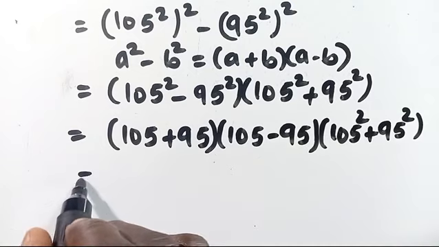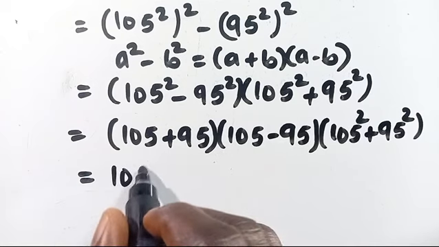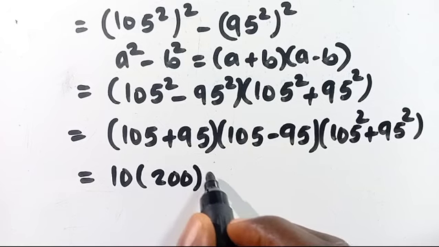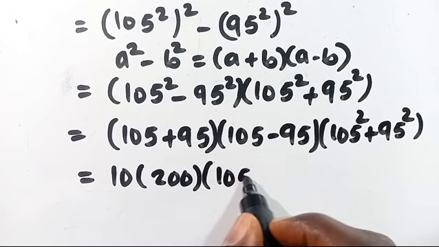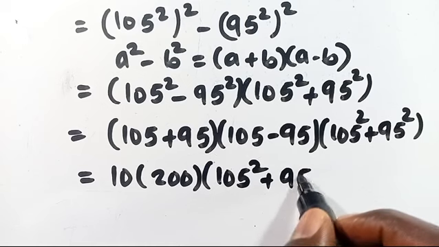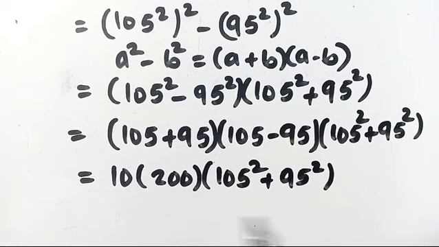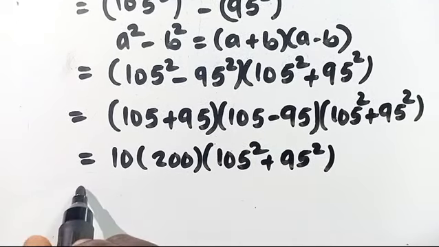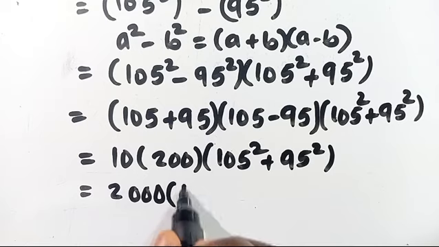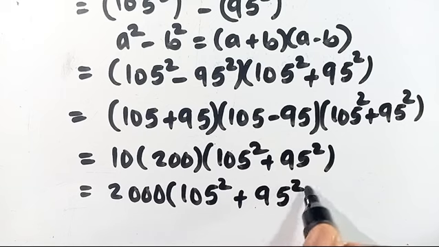Now we have 105 minus 95, this will give us 10. 105 plus 95 will give us 200, times 105 squared plus 95 squared. Now 10 times 200 will give us 2000. Then we have 105 squared plus 95 squared.